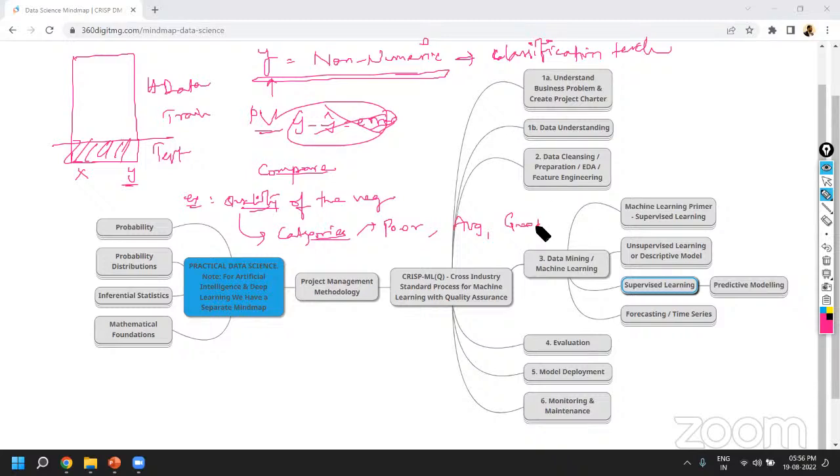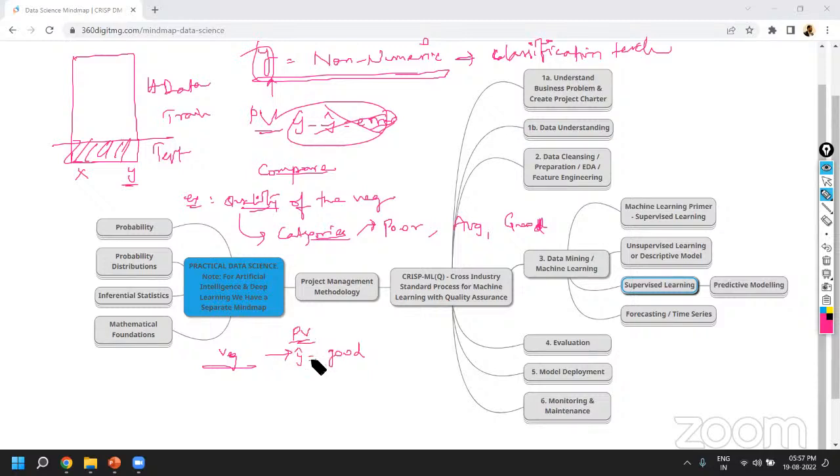So I have three different categories. I cannot have any other category. There are only three possible outcomes in my output variable. So if you're taking a specific vegetable and trying to say, hey, this farmer's vegetables are of good quality, right? You're trying to do the prediction.